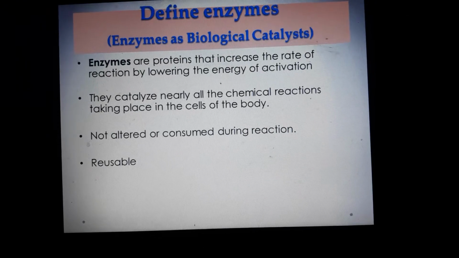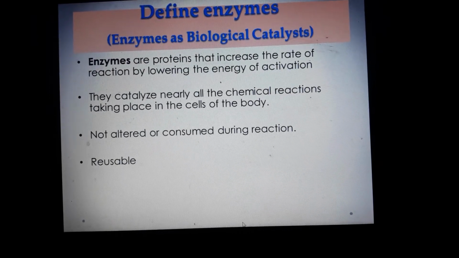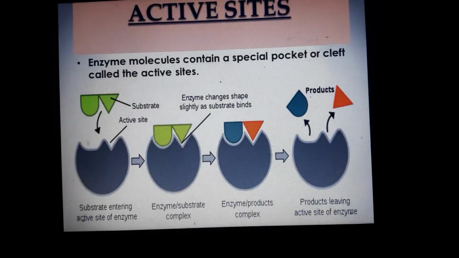They catalyze nearly all chemical reactions taking place in the cells of our body, and are not altered or consumed during the reaction. So there is no alteration in enzymes, or they are not consumed; when enzymes bind to the substrate, they form reversible interactions, and they are detached after the chemical reactions, and they are known to be reusable.